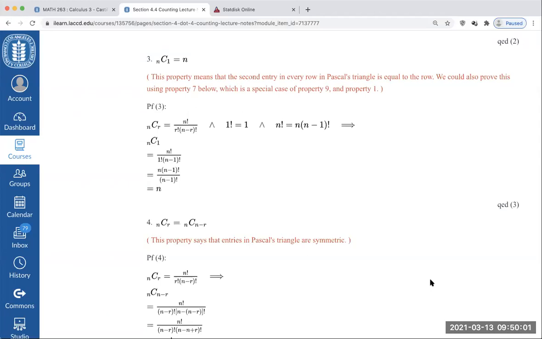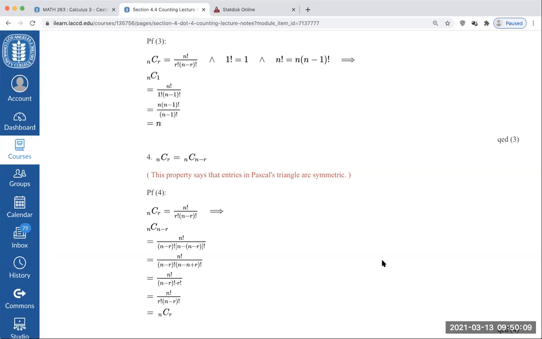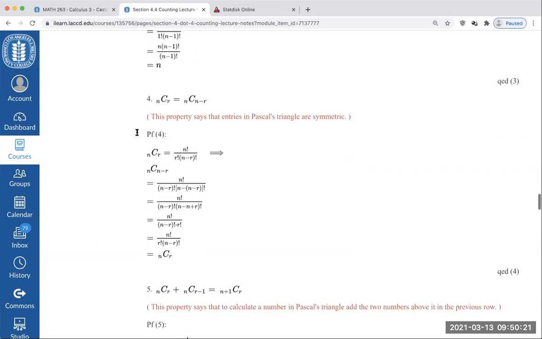Okay, so let's try to show this. Again, I will use the fact that NCR is n factorial over r factorial times n minus r factorial. So let's look at NC n minus r and see what that comes out to be. Let's replace r by n minus r.